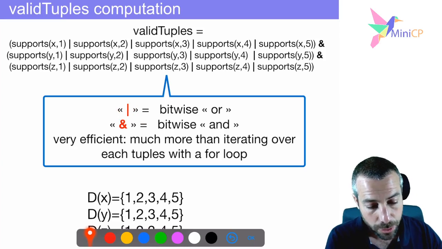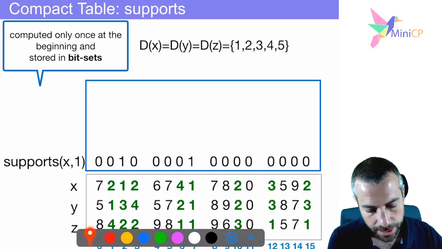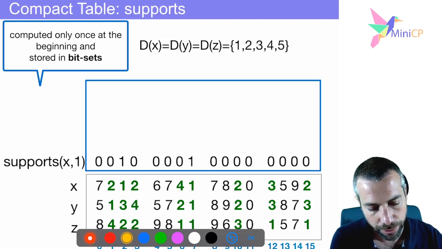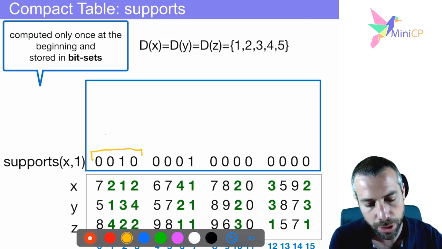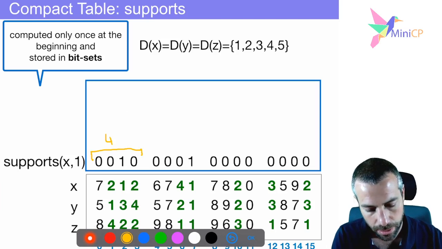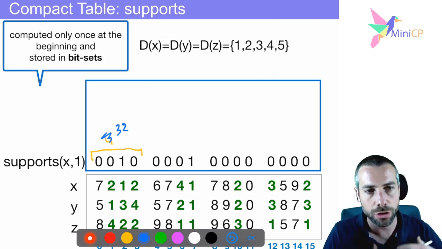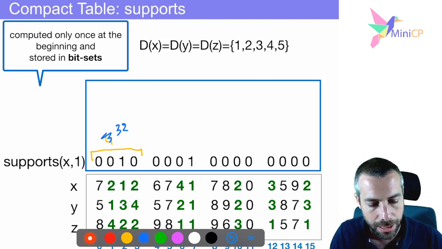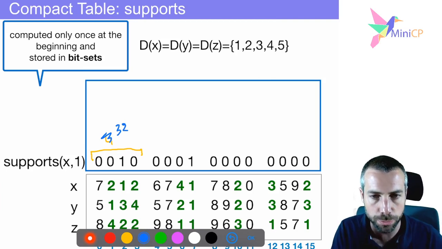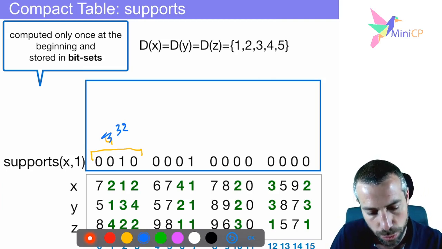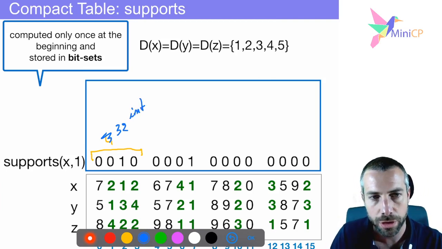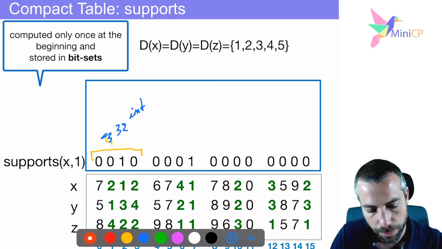In particular, just to discuss a little bit about the implementation, you see that here I have a bunch of 4 bits, and normally they would be 32 bits. It's just for the sake of representation, because I've got a limited space on my slide. I use packets of 4 bits, but normally it would be 32 bits, and this would be represented as an integer. Or if you use 64 bits, this would be represented as a long in Java.